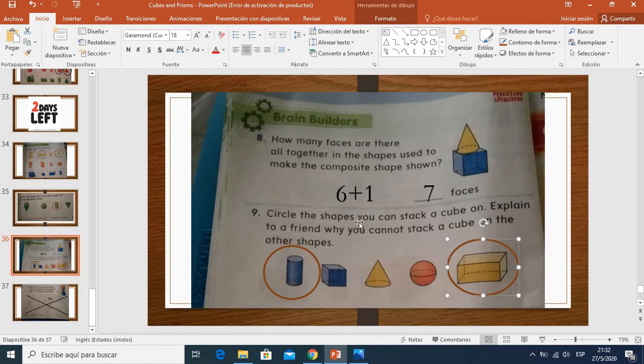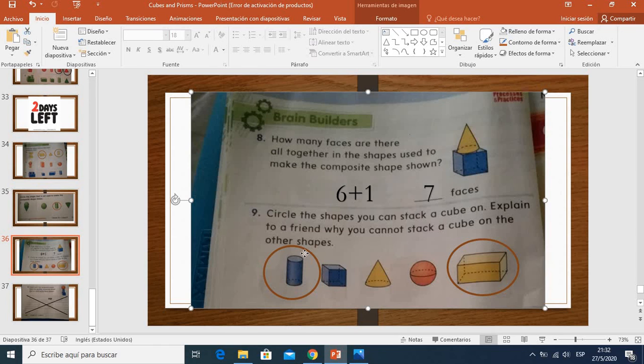If you place a block with the shape of a cube and you place a rectangular prism block on top, you will see that it resists, right? So we can stack a cube on a cylinder and on a rectangular prism, but not on a cone and not on a sphere.